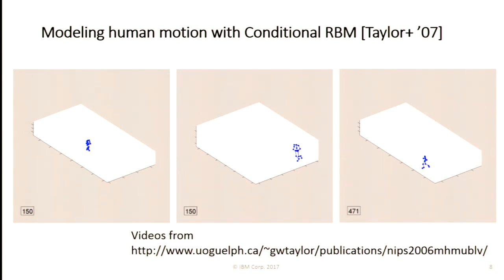The third pattern starts with walking motion. But because the model is trained with both walking and running motion, somewhere in the middle you switch from walking motion to running motion.